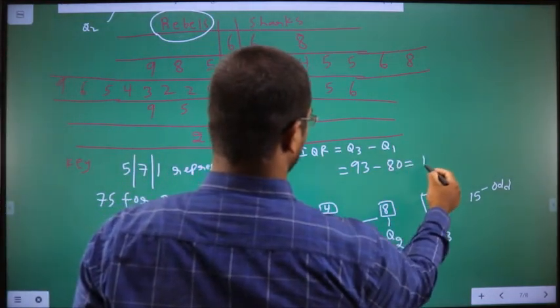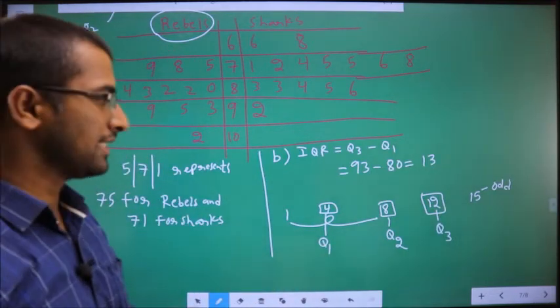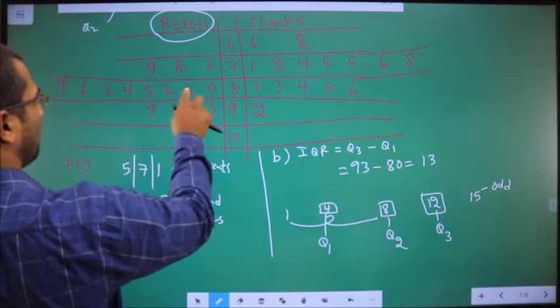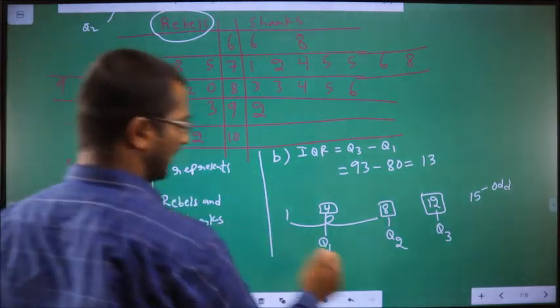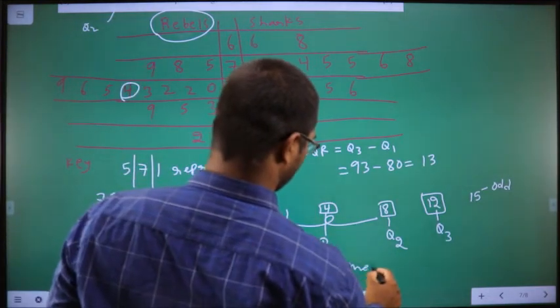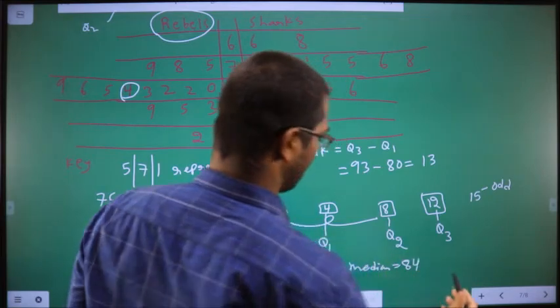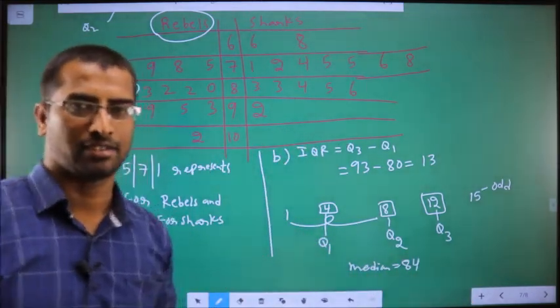So 93 minus 80 is 13. 13 is our interquartile range. Now what is the median? It is in 8th position. So 1, 2, 3, 4, 5, 6, 7, 8. So it is 84. Median equals 84. So we found median and interquartile range.